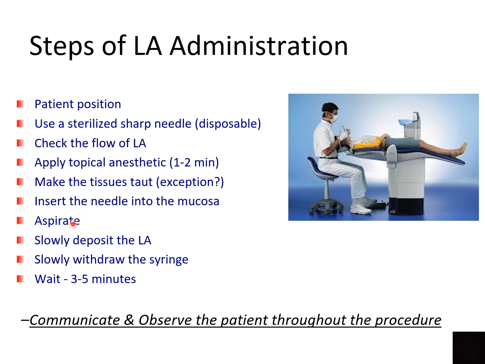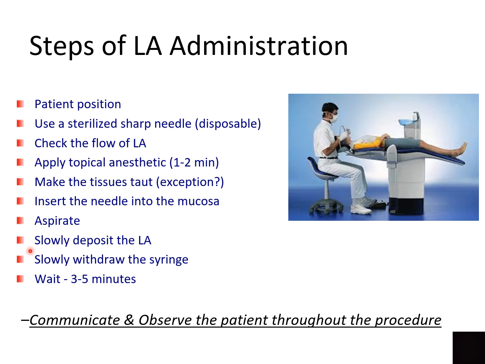Safety Plus syringe does allow you to aspirate predictably and effectively. So ideally, you should aspirate for every single injection, including infiltrations and nerve blocks, but certainly for ID nerve blocks or for any other nerve blocks you're going to administer, aspiration is essential.